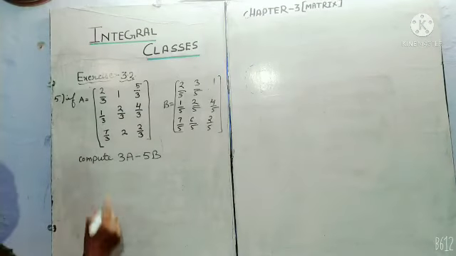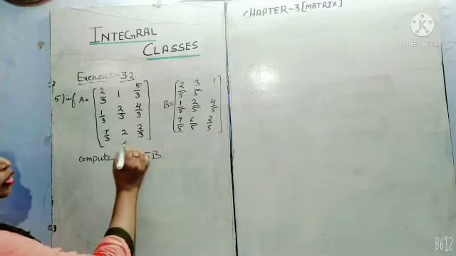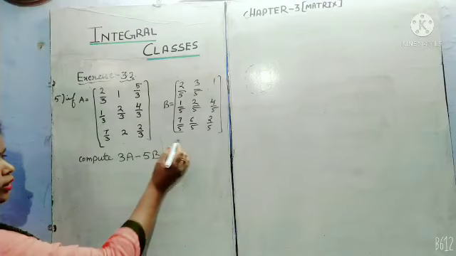Question number 5. Again we have two matrices in this question, and we compute the value of this. So now student, first we write matrix A: 1 by 3 times the matrix with entries 5 by 3, 1 by 3, 2 by 3, 4 by 3, 7 by 3, 2 and 2 by 3.